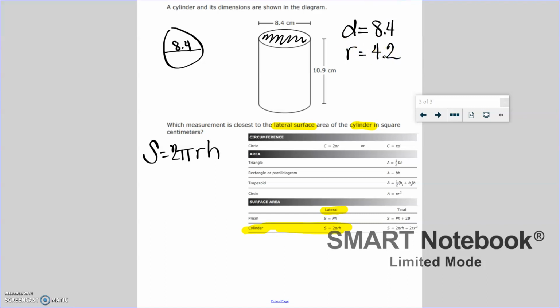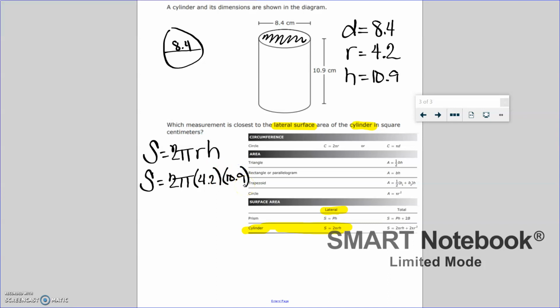And then the height of my cylinder is 10.9. It's the distance from one base to another. So now I'm going to substitute my values in. So I have surface area is equal to 2 times pi times radius, which is 4.2, times height, which is 10.9.